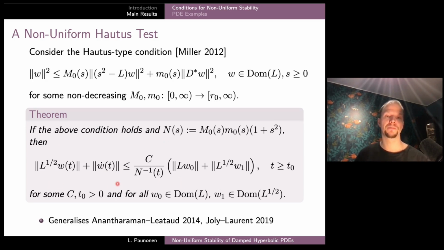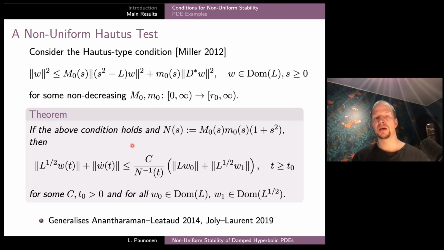of our equation. And the way we get this convergence rate is that we define this function capital N, which involves the product of the functions M0, which appear in the observability condition, as well as an additional quadratic term. And then after this, the rate of decay of the solutions is determined by the algebraic inverse of this increasing function.